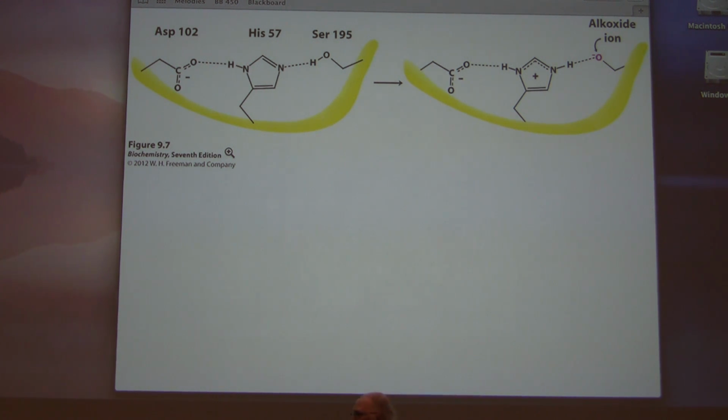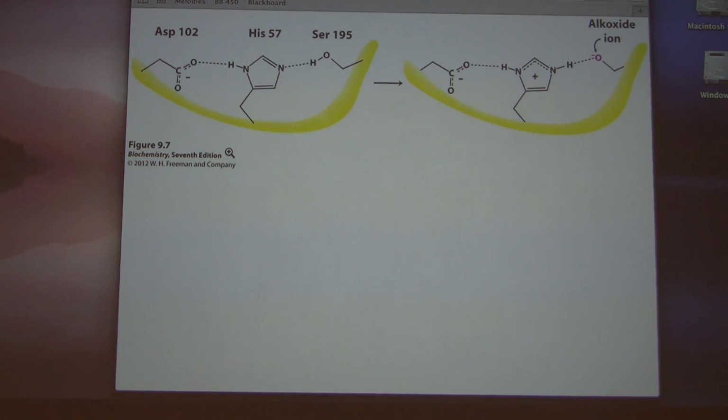But the fact that they're all in close proximity, as you can see here, is evidence of what kind of structure? Tertiary structure, because we have things that are far apart in primary structure that are geometrically very close to each other in tertiary structure.